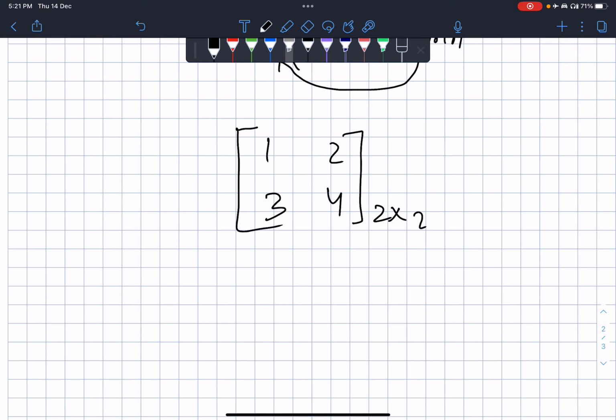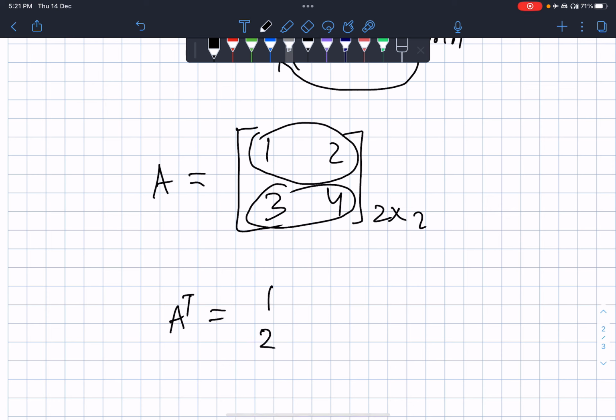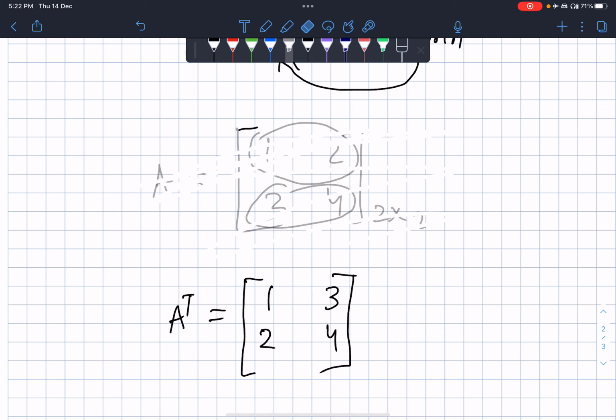Let's name it matrix A, and we have to transpose matrix A. The rows will become columns and the columns will become rows. So it will be 1 2 in the first column and 3 4 in the second. This is our transposed matrix.